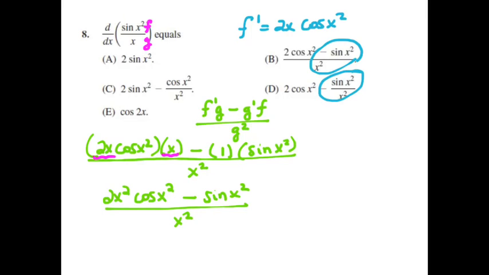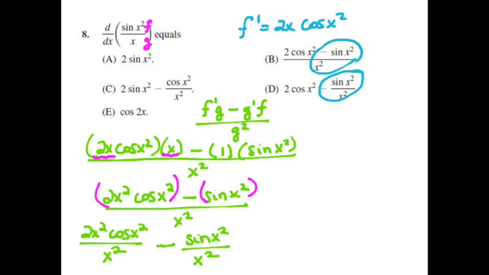What they have done to get one of these answer choices is they've split up this fraction, taking each term in the numerator and writing it on top of the common denominator. So if I split it up, I get 2x squared times cosine of x squared over x squared minus sine of x squared over x squared.